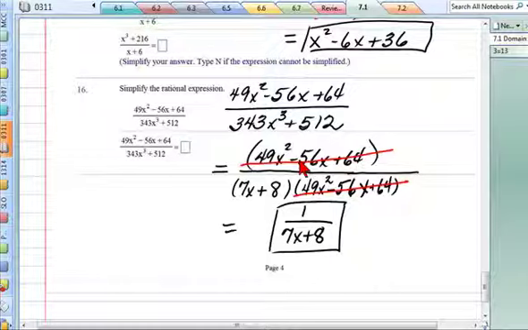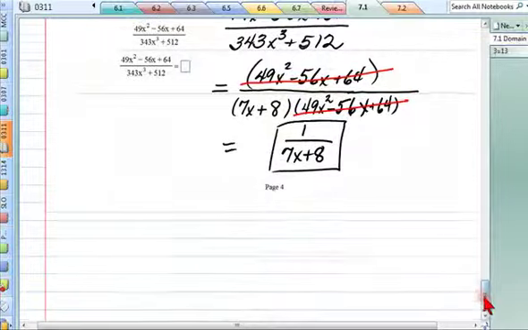Okay. I neglected to include in here number 17, so I'm just going to write it in.